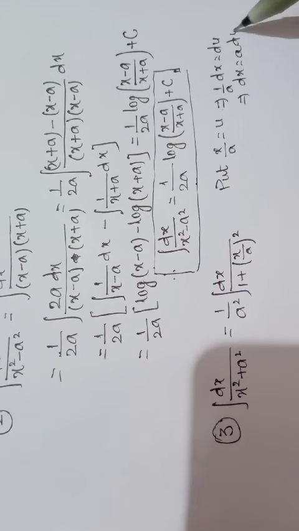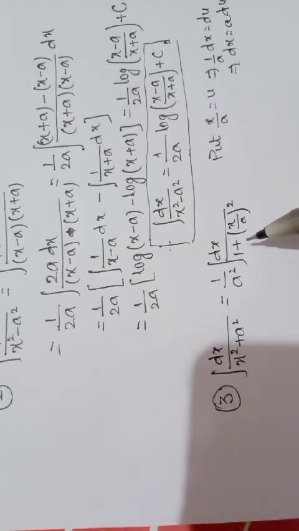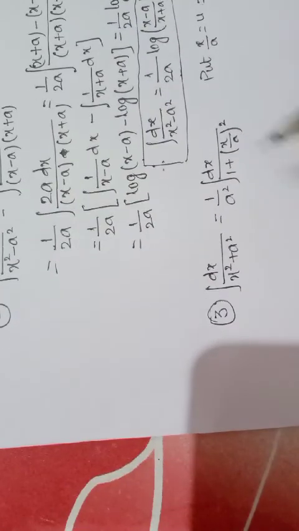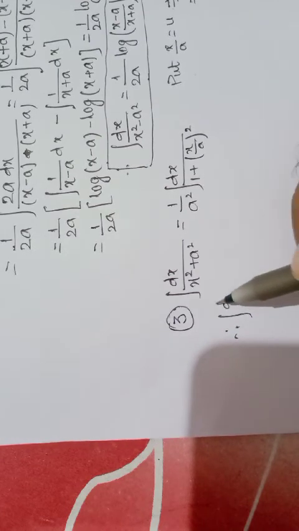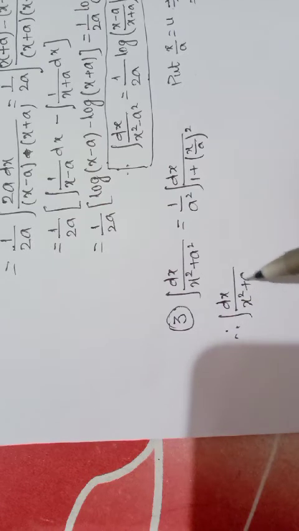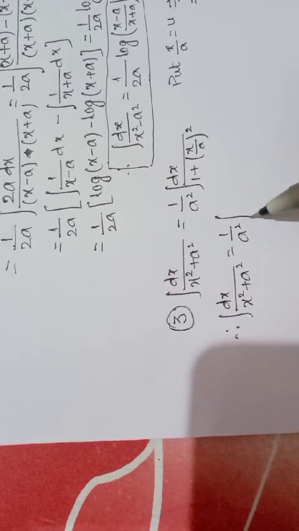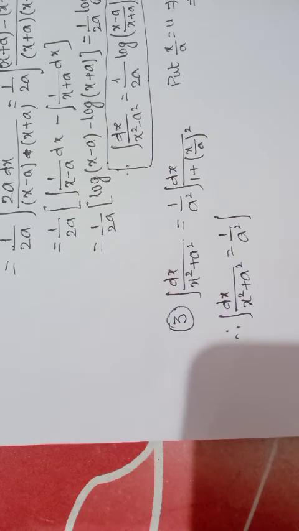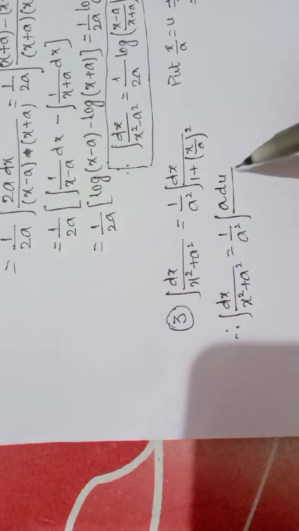Putting this substitution in the question, we have the integral of dx by x square plus a square equals 1 by a square times the integral of a du upon 1 plus u square.